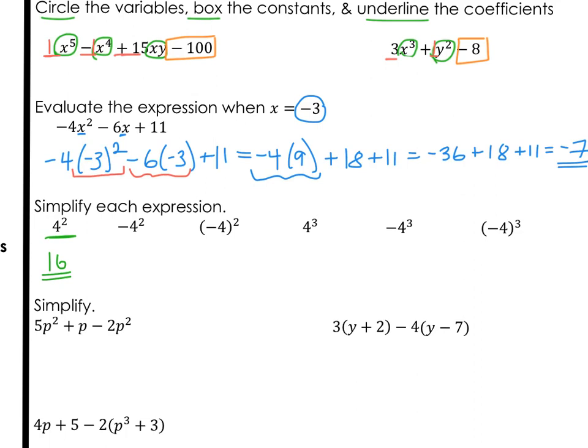The second answer is a little trickier though. The negative out in front doesn't get the squared because it isn't in a parenthesis. Technically what this means is it's -1 times your base of 4 being squared. 4 squared then, order of operations, is 16. This makes our answer -16. That's going to be tricky to remember.